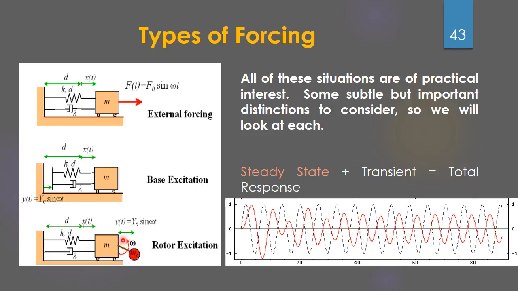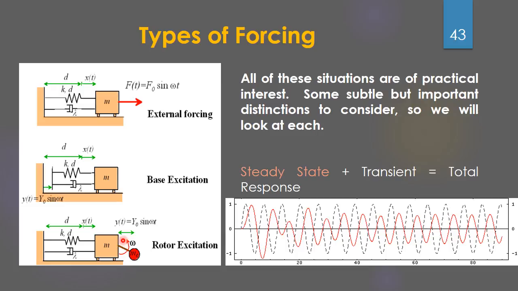We can see you have another mass connected to the main mass that has its own motion. Each of these types of forcing has its own particular interest, and we're going to discuss each one of them.